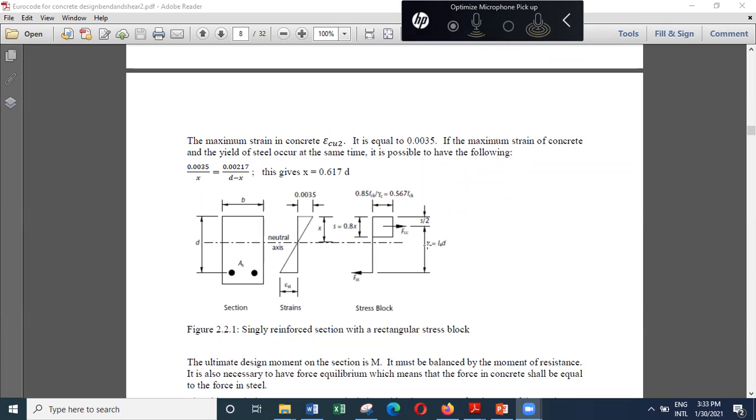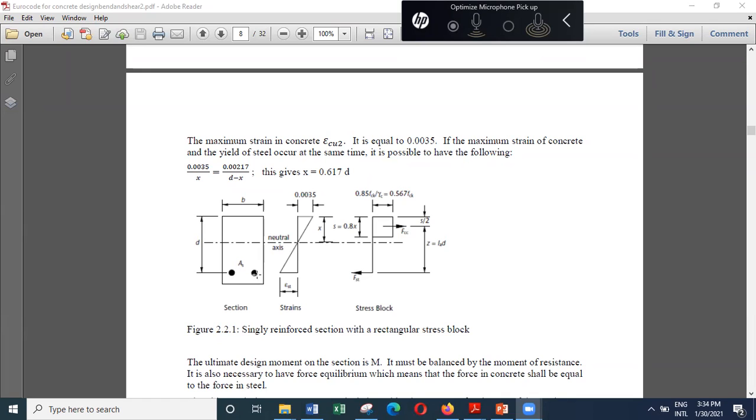When you are designing a reinforced concrete section, our main task is to find the reinforcement quantity needed in tension. So we like to see how much reinforcement area is needed, and that's what we do in design.